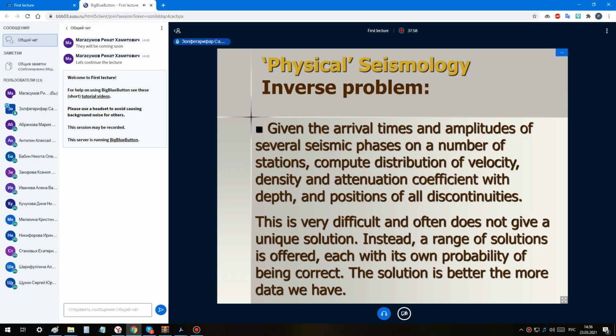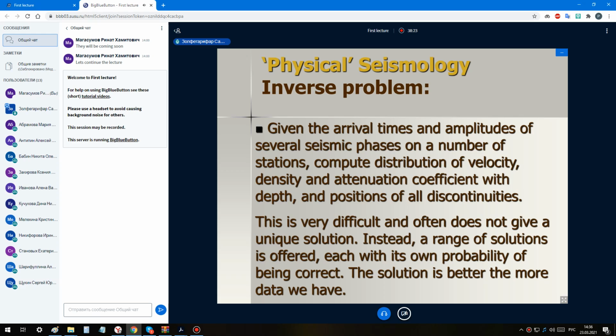In the inverse problem, given the arrival times and amplitudes of several seismic phases at a number of stations, compute the distributions of velocity, density, and attenuation coefficient with depth and the positions of all these discontinuities.